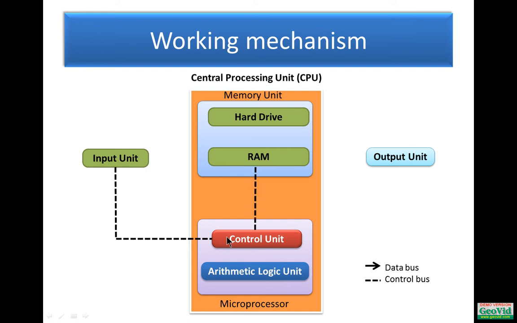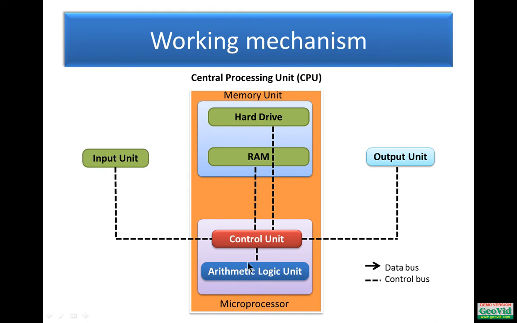The control unit also commands RAM to receive or give information. The control unit again commands, controls and coordinates the arithmetic and logic unit as well, and it also controls and coordinates the hard drive, the secondary unit.